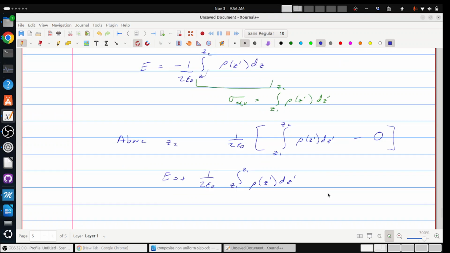So outside of this slab, even though it's not uniform, the field is that sigma, well, let me use my other sigma just so we don't confuse ourselves, but know that other books use different notation.